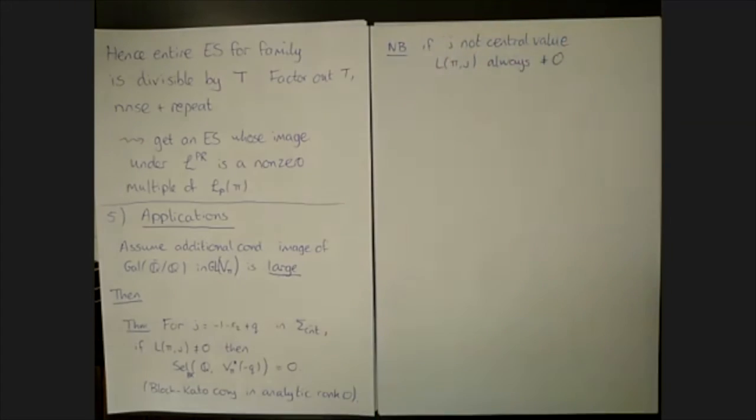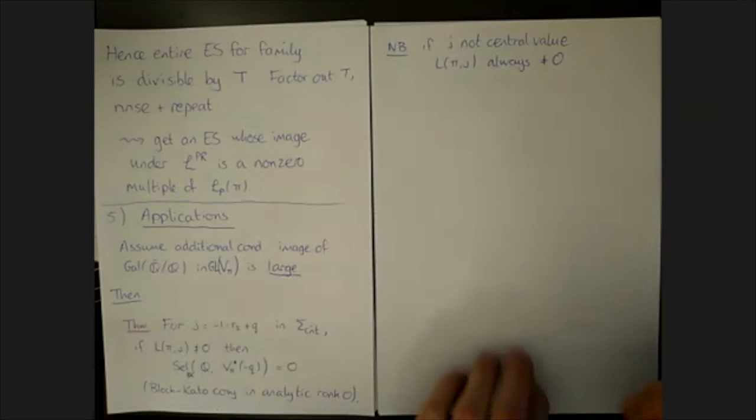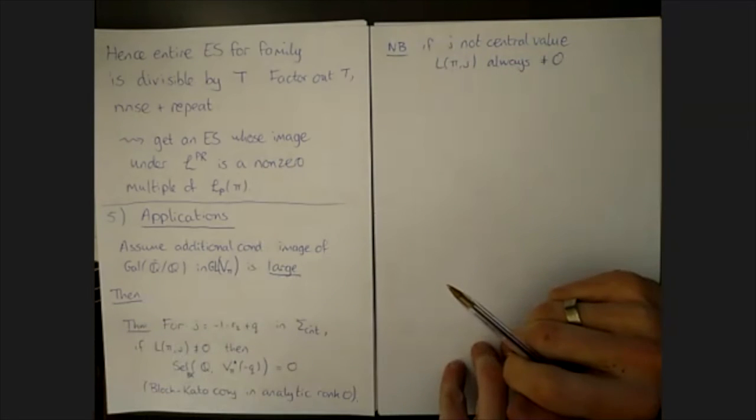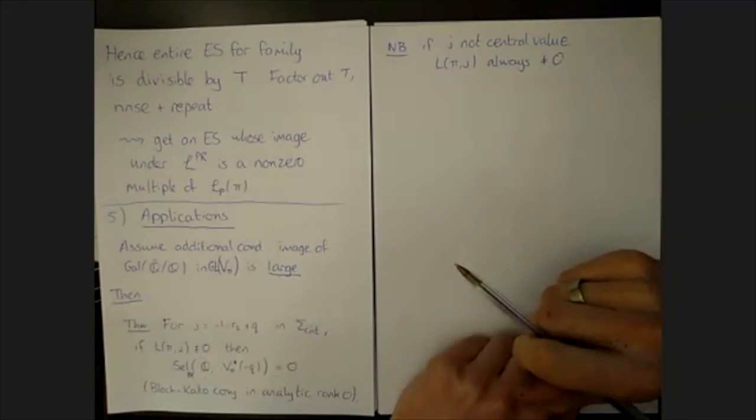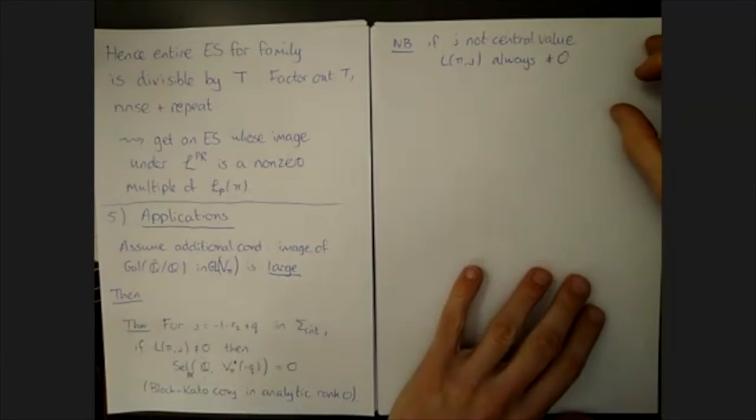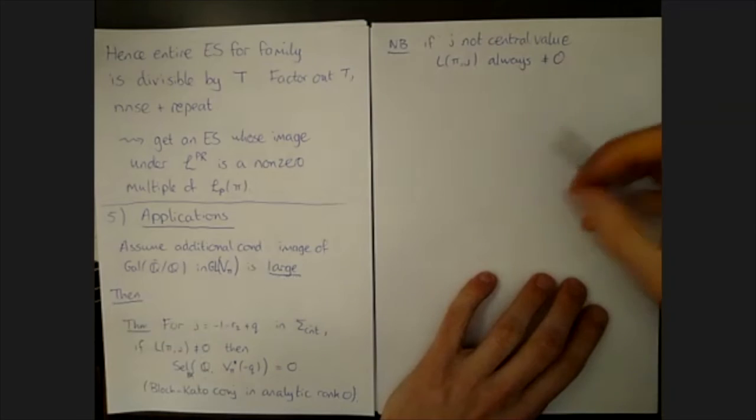If j is not the central value, and often this interval of critical values is quite wide, so lots of non-central values, then it's automatic that this L-value never vanishes. So the hypotheses of our theorem are going to be satisfied. So the analytic rank is very often 0.